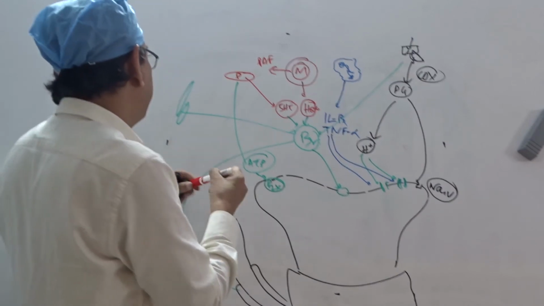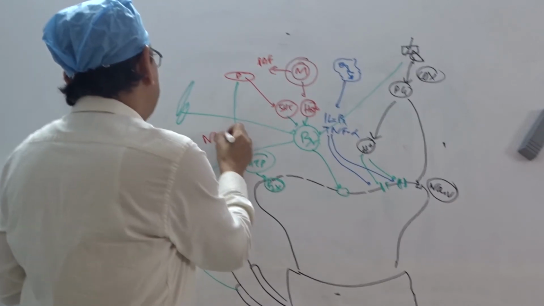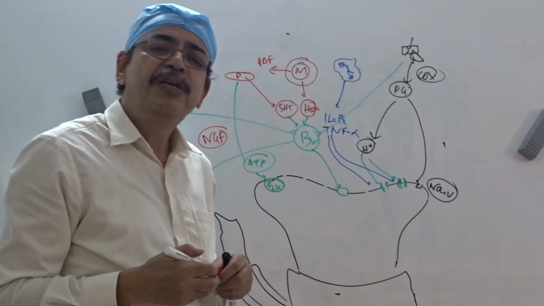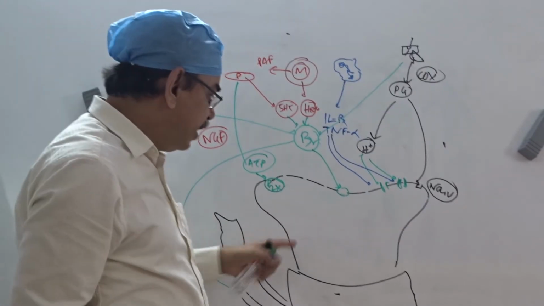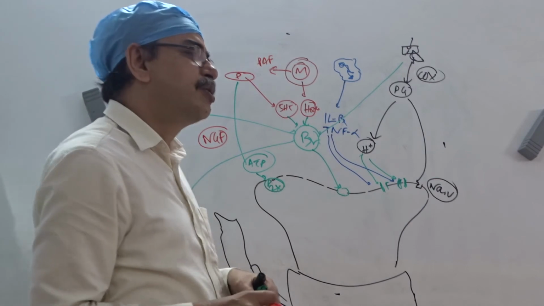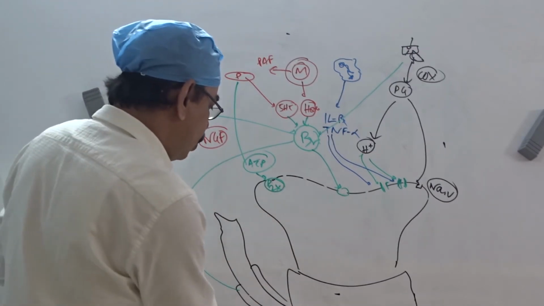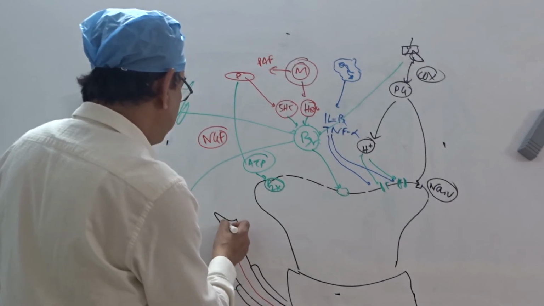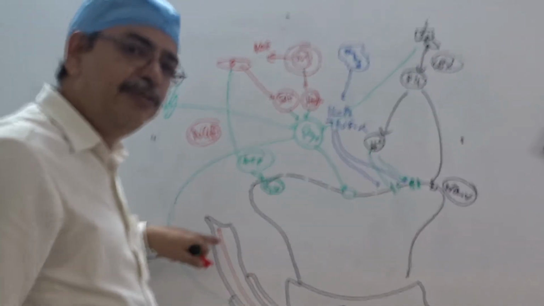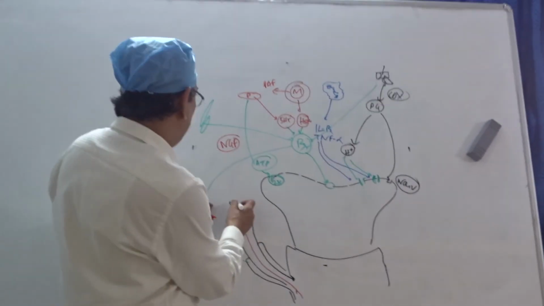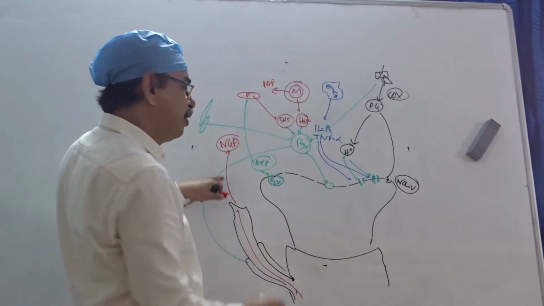This nerve growth factor, basically it is released in the central nervous system, but it is prepared in the dorsal root cells also. And these nerve growth factors from the dorsal root in the antidromic direction, they can be liberated from the branches of the other nerves also. See, these nerve growth factors are also liberated.